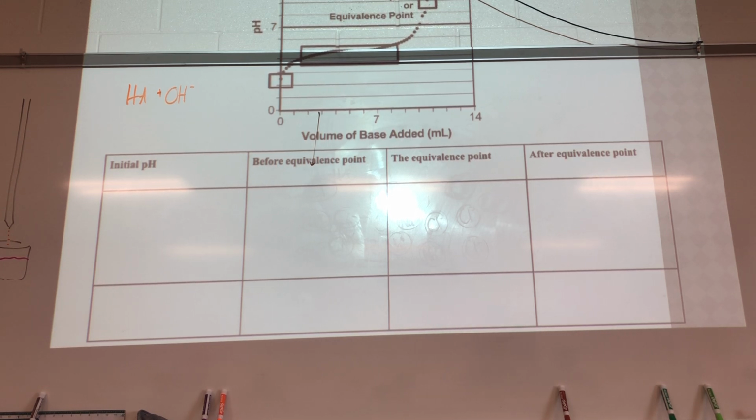Okay, so we have weak acid. So now we start at the base. The OH minus would have some. Yeah, so water.